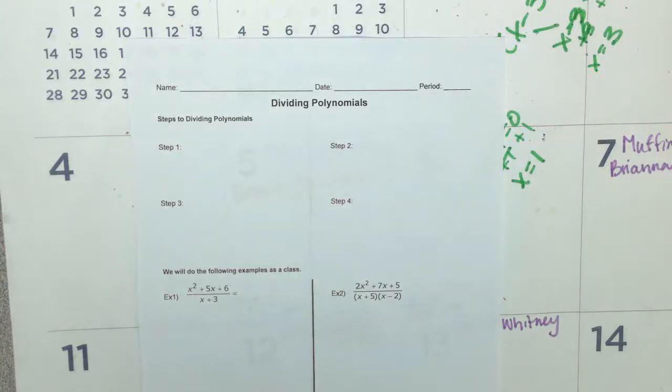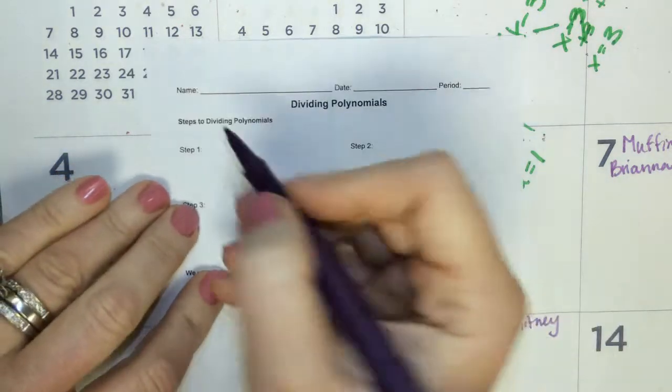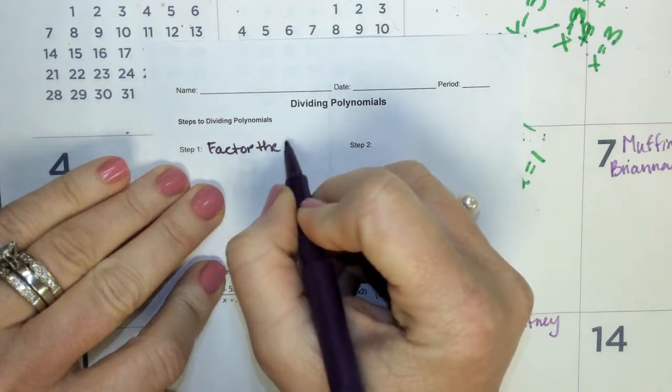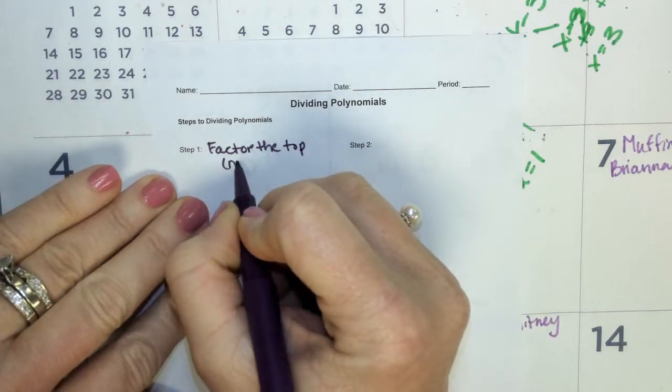Okay, so this worksheet is going to cover our steps and some examples of dividing polynomials. For step 1, we are going to need to factor the top, and we are talking about the numerator here.